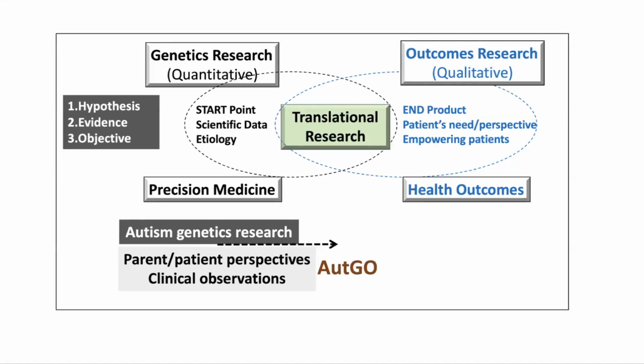In the OutGo initiative, we attempted to show that there is a need to incorporate patient or parent perspectives in study design, and that using mixed methods may facilitate, at least in theory, moving the autism genetics field closer to the center, meaning closer to translational research.